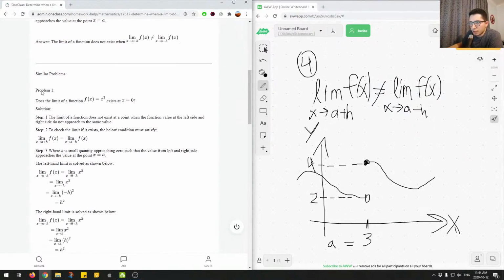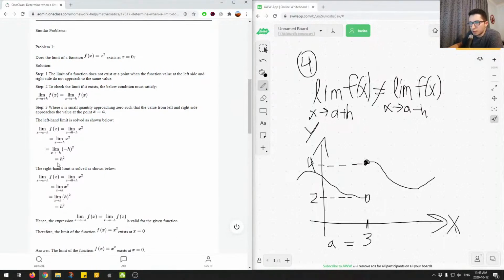Here, some similar problems are proposed. For f at x equals x squared, this is taking the limit in a longer way.